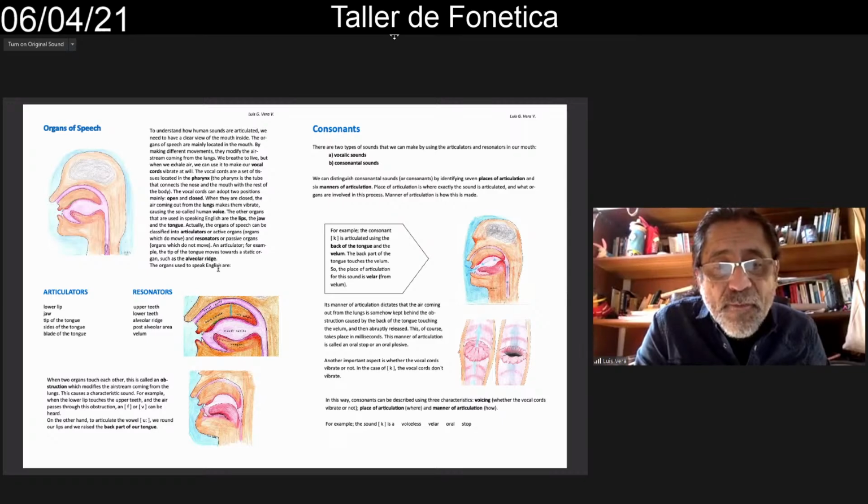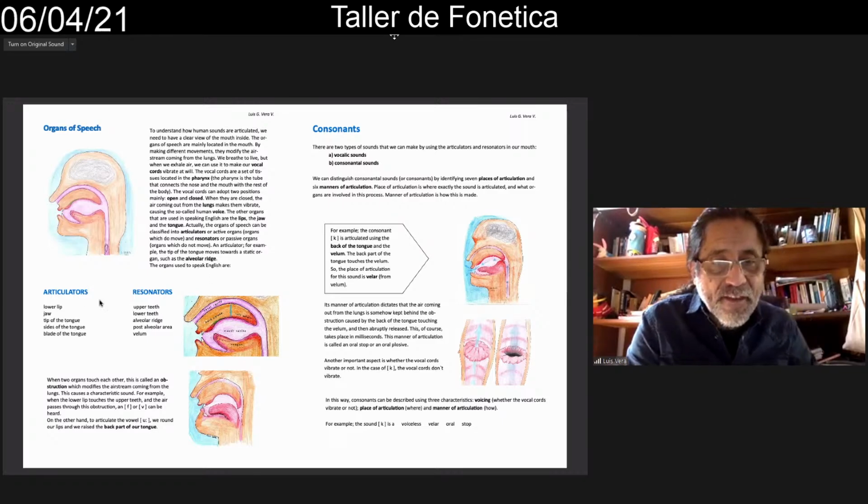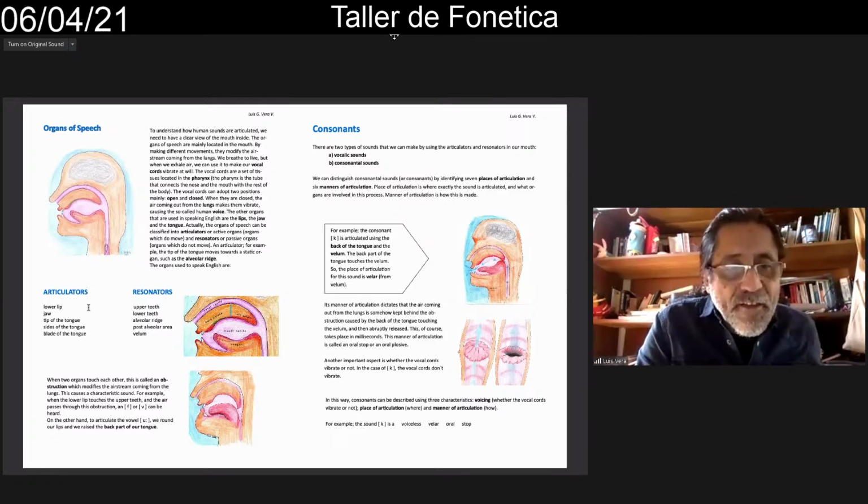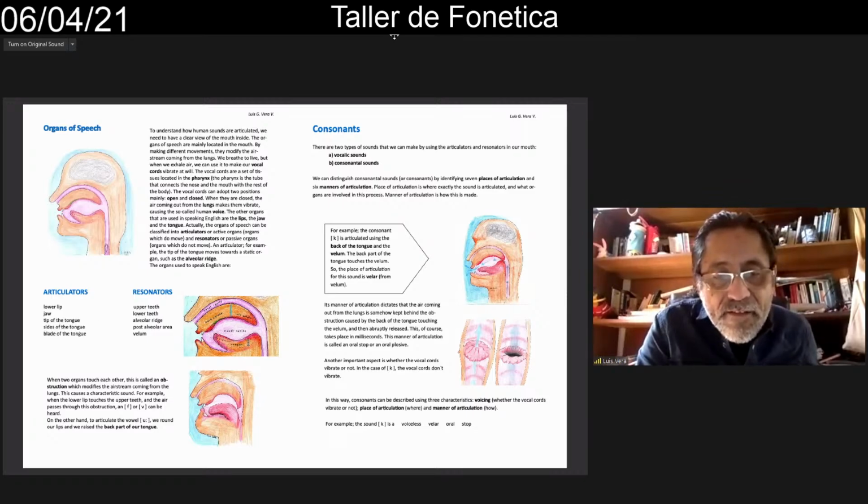The organs used to speak English are, yeah, these are the articulators: the lower lip here. Lower lip. Jaw, the jaw, yeah. Tip of the tongue. Sides of the tongue.